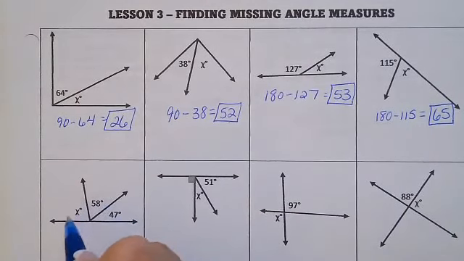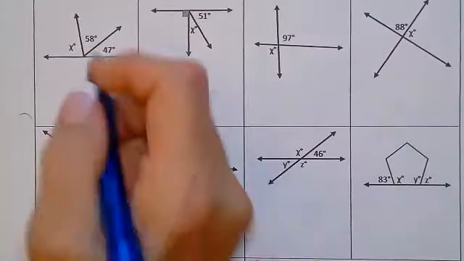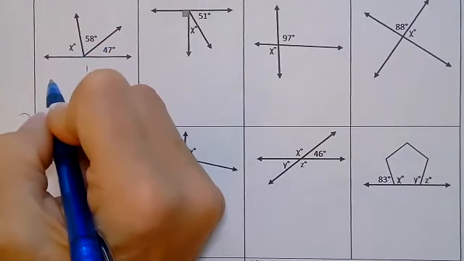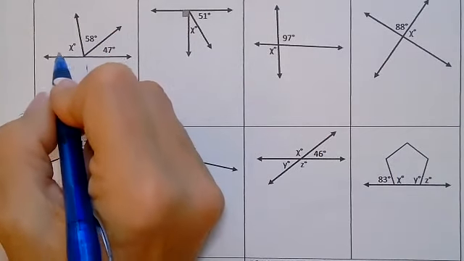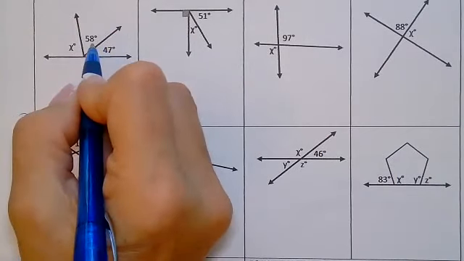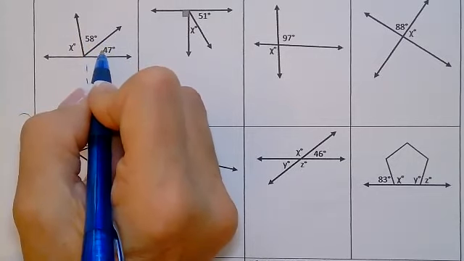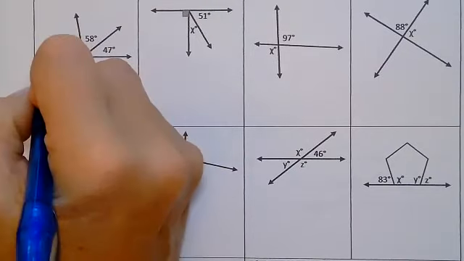Here I have three angles. I know that all three of them equal 180. So there's two different ways that I can find the missing measure. Let's do one way over here. I can take 180 degrees and subtract 58 and then subtract 47, and the missing amount will be what's left.